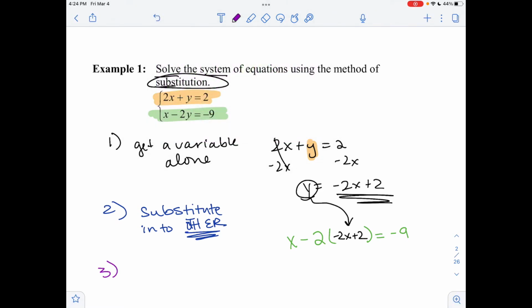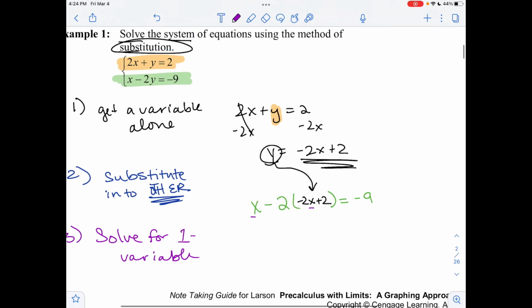Step 3 says we solve for one variable. We see here there's x, and that's it. There's no y. So we're going to go ahead and solve. If I multiply this, x minus negative 2 times negative 2 is positive 4x. Negative 2 times positive 2 is negative 4.